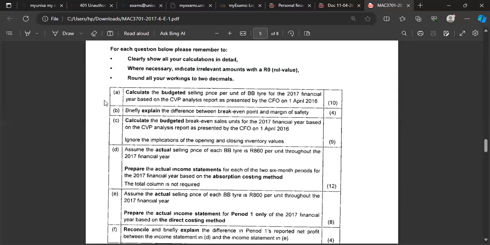All right, so assuming the price is 860 rands throughout the financial period, we now have the selling price.